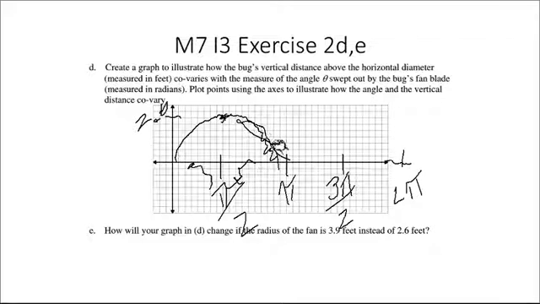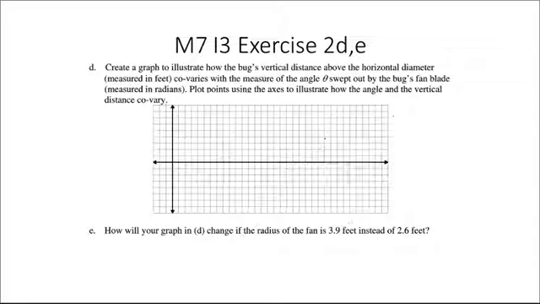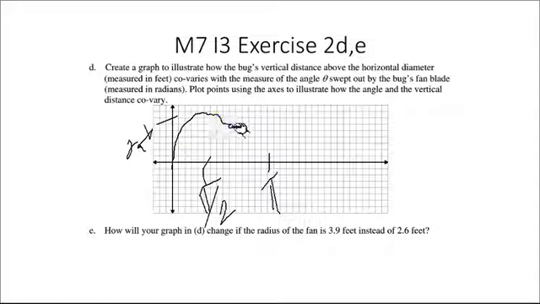So the tendency might be to think that we have something like this, which I can erase with this thing, and of course I have to erase everything. I have to figure out how to use this better, right? So what we want to say is with respect to the horizontal diameter, we are going to increase to 2.6, and then we're going to decrease back to 0, and then we are going to be below the horizontal axis. So we're going to travel in this manner to negative 2.6.